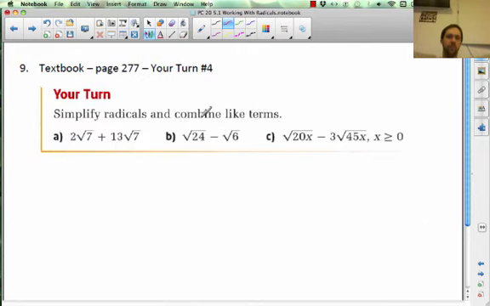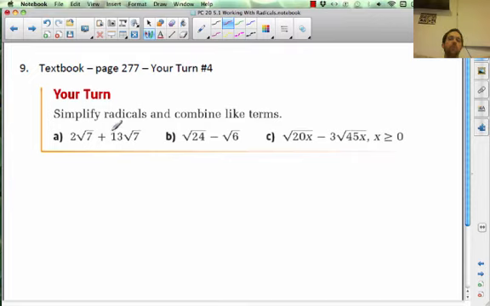Okay, simplify radicals and combine like terms. If they have the same radicand, which is 7, and the same radical index, which is 2, which means it's the square root, then we can add them. It's like 2 apples plus 13 apples. So think of that root 7 as an object, and it has to be identical in every way.